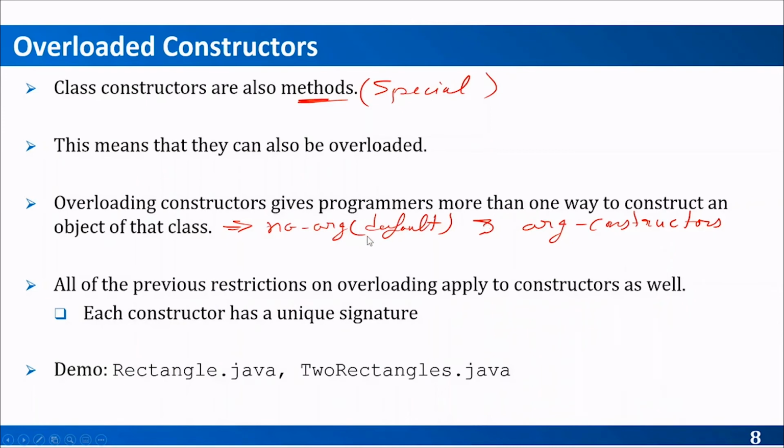It mimics the default constructor. But when we say arg constructor, it could be any number of arguments, any types of arguments, any order of arguments. So very similar to methods, you can overload the constructors with any number of constructors that you want to build. All the restrictions that we had before apply to the constructors.